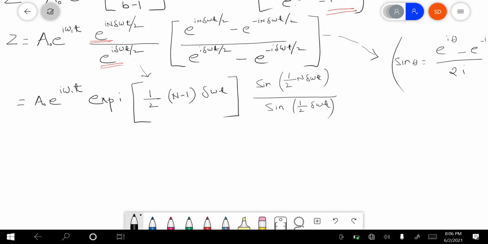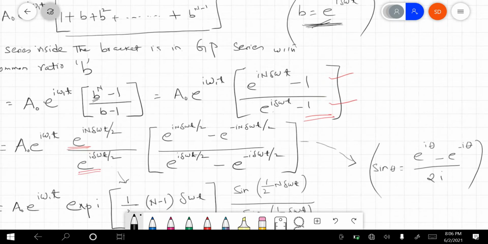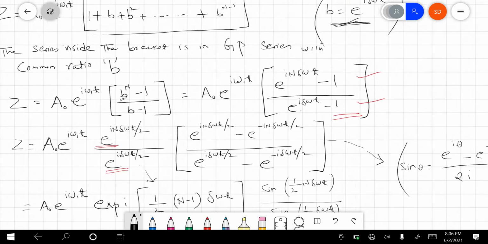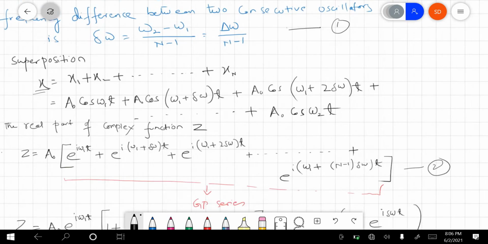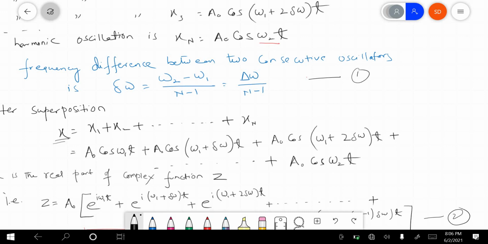So next, till now we have given equation 2, so this is equation number 3. Now from equation number 1 we can see that omega 2 minus omega 1 divided by n minus 1 is equal to del omega.